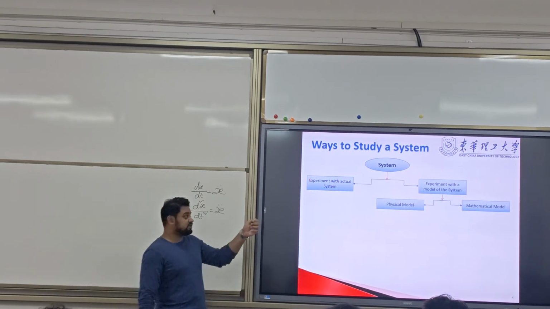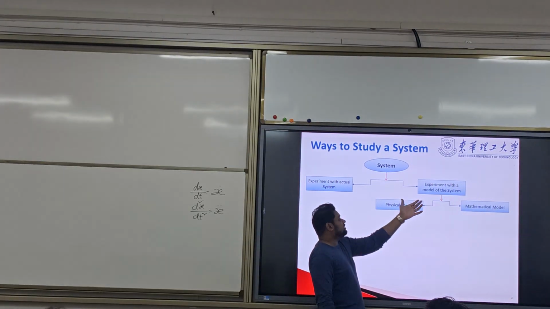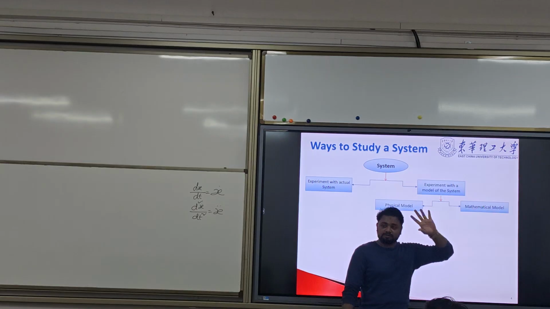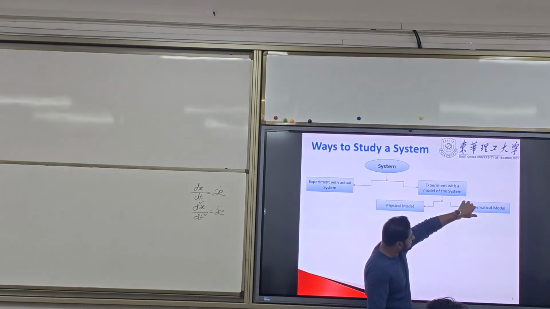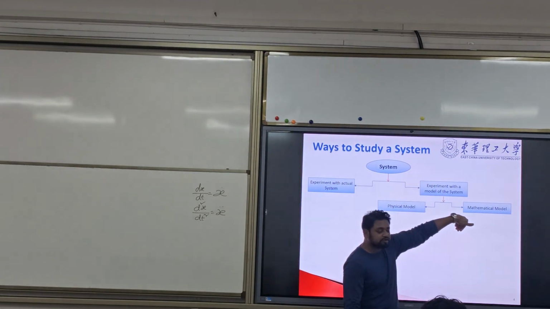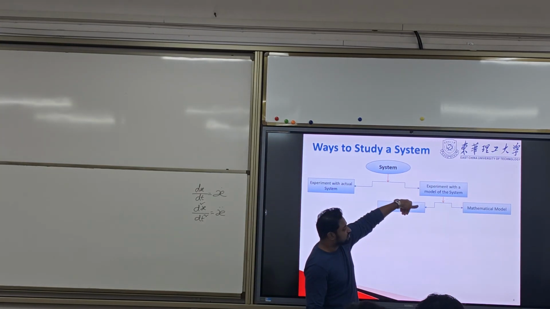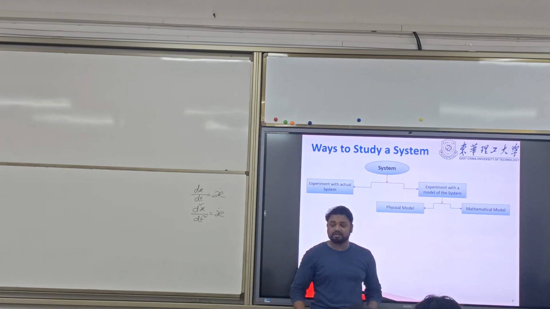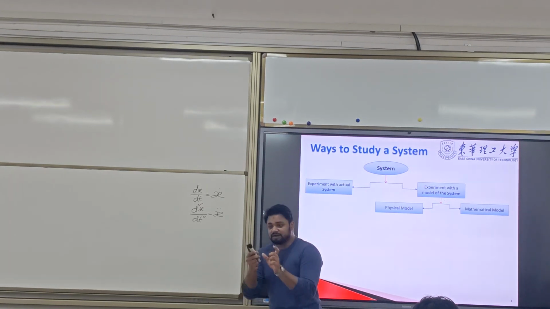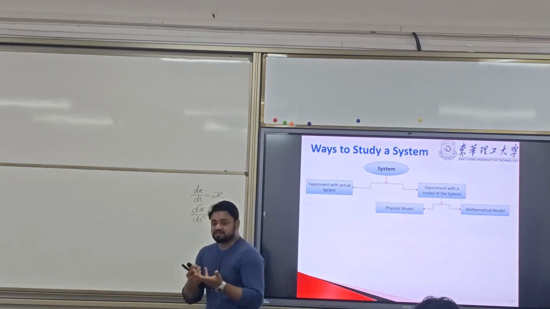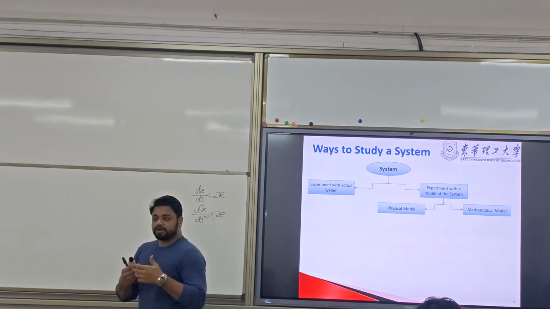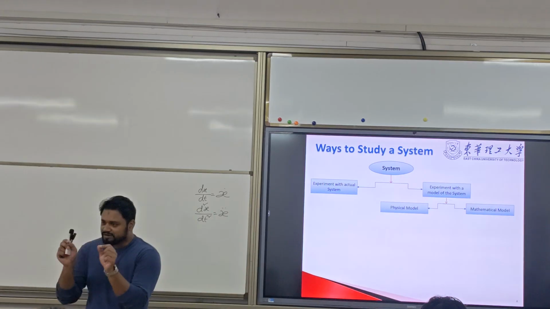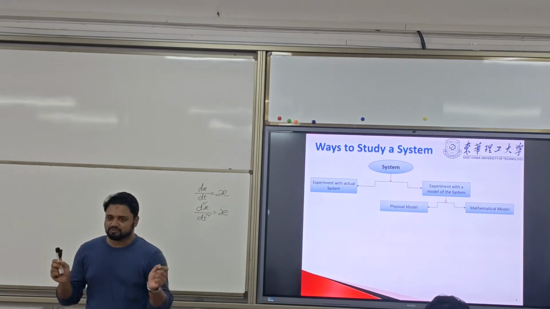Here we are learning how to do the mathematical model, not the physical model, because the physical model is the final version of the mathematical model. The mathematical model is the primary model to design a system, because when you want to design a control system, first of all you need to write down the mathematical equations.